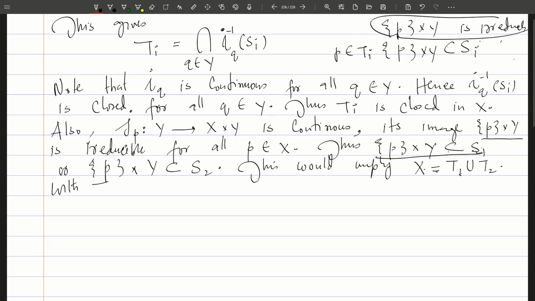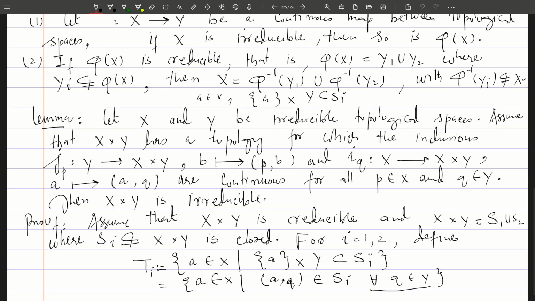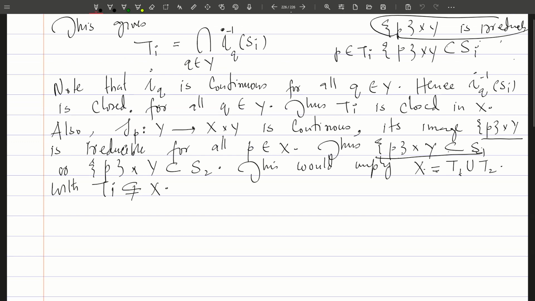with Ti properly contained in X. If Ti were equal to X, this would give us Si equal to X, but that is not the case because Si is properly contained in X. So with Ti properly contained in X, this gives us that X is reducible, which is not the case.